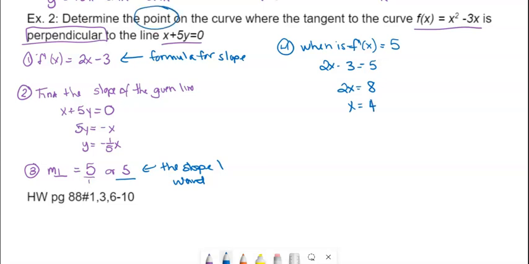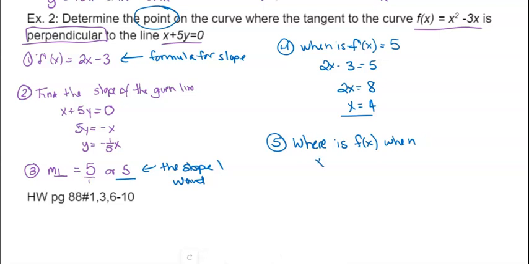So this question also asked for the point, so I know the x value of that point. So now my last step is to say, well, where is the actual function, not the derivative, when x is 4? So now I'm going to take the original function and put 4 into it.